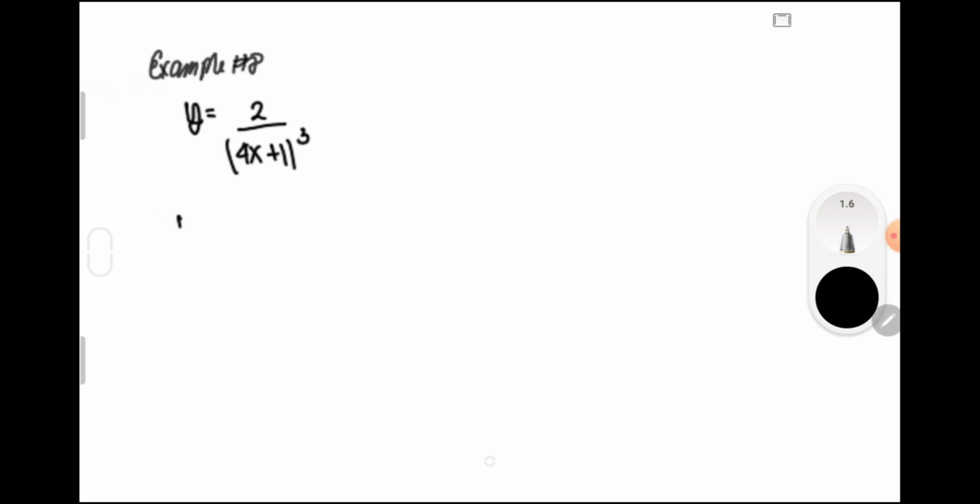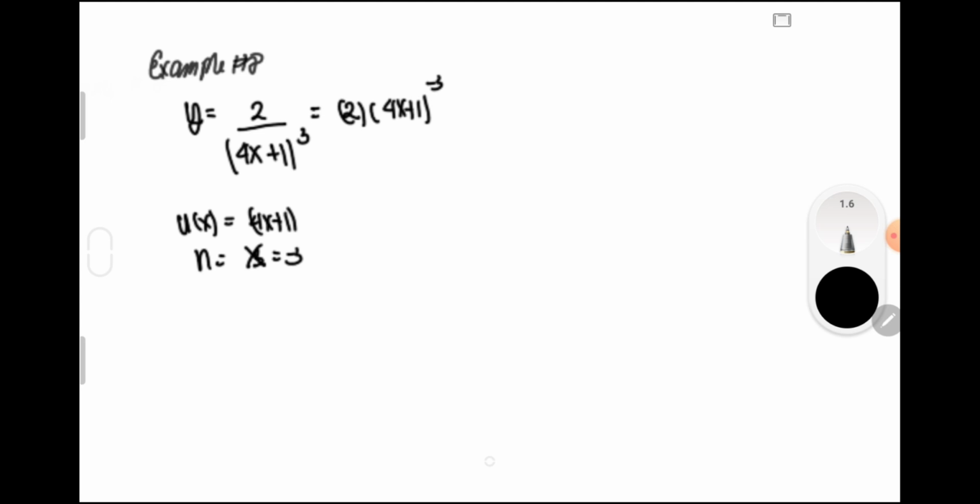Wherein yung u of x natin will be equal to 4x plus 1. Okay? Yung n natin is equal to 3, which is wrong, diba? Dapat negative 3 to. Bakit? Kasi ang gagawin natin dito, 2 multiplied by 4x plus 1 raised to negative 3.